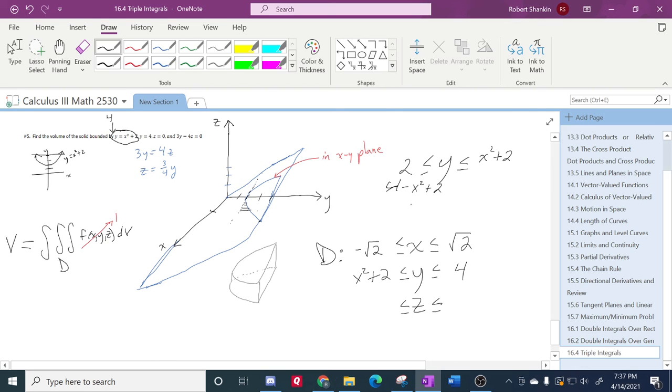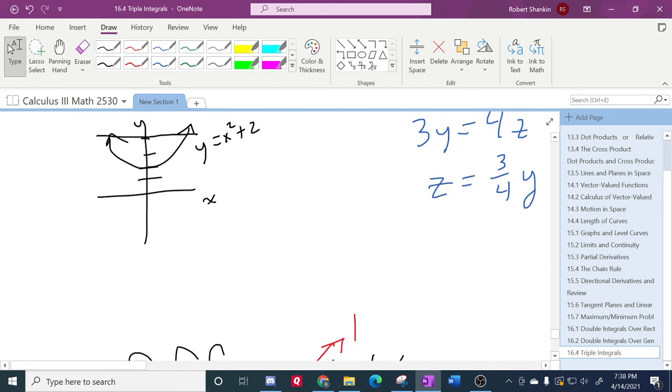And where'd you get this? 4 minus x squared plus 2. No, that would give the area below all the way to the origin as well. I was hoping to try and create an area from which I'd subtract out x squared plus 2 in order to get the... Let me zoom in on this.